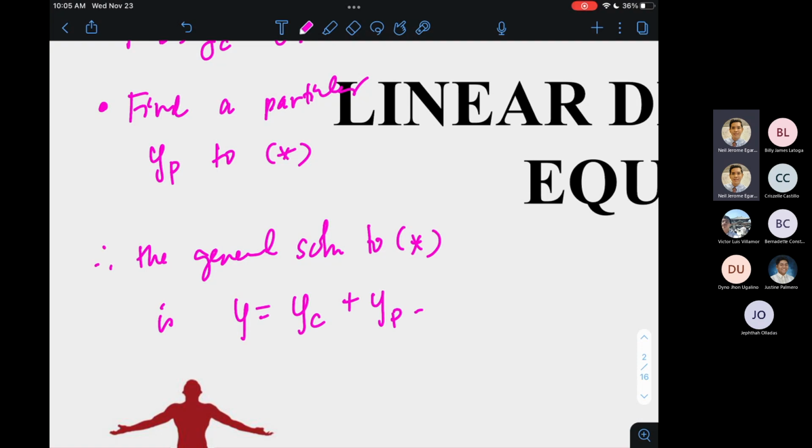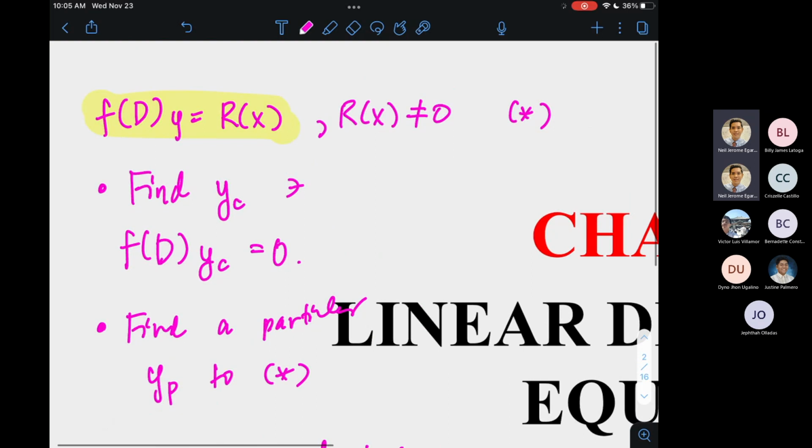Okay? So kaya lang yun nga, may drawback or may limitation yung method of undetermined coefficients. Yun ay mag-work lamang for specific functions R. So ngayon, titingnan natin ano yung pwedeng paraan para ma-solve pa rin or makahanap ng particular solution even though R will not be any of the forms that we have seen before.